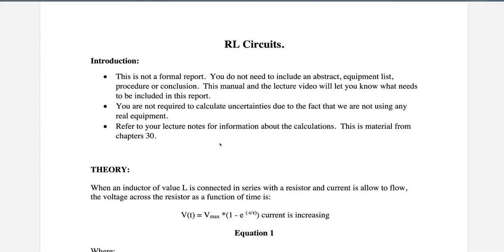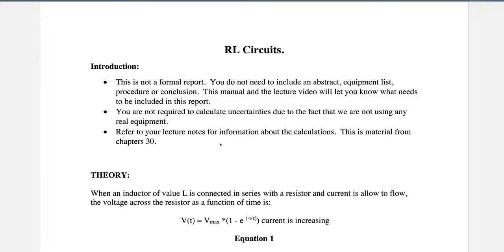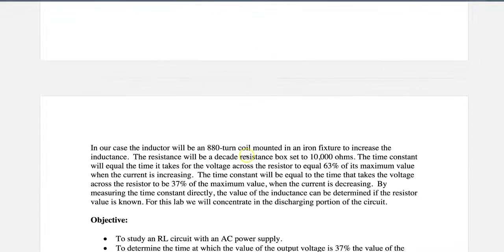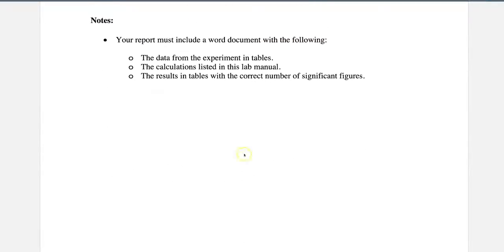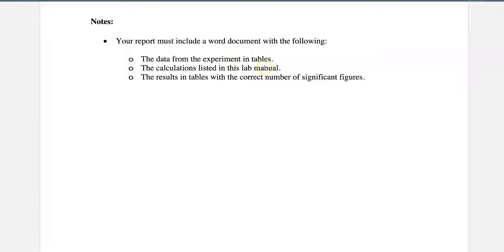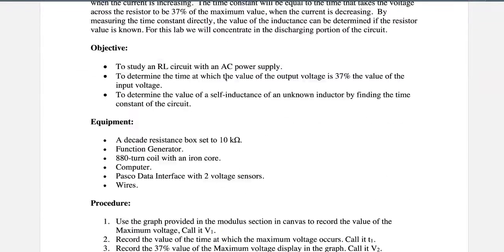This is not a formal lab report. You don't need to include an abstract, equipment list, procedure, or conclusion. Your report should include a Word document with the following: the data from the experiment in tables, the calculations listed in this lab manual, and the results in tables with the correct number of significant figures.